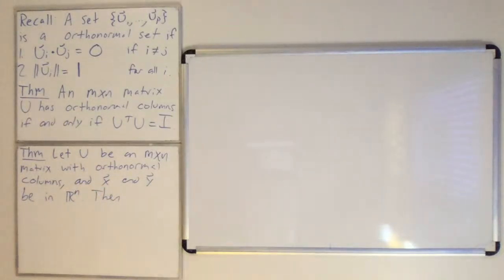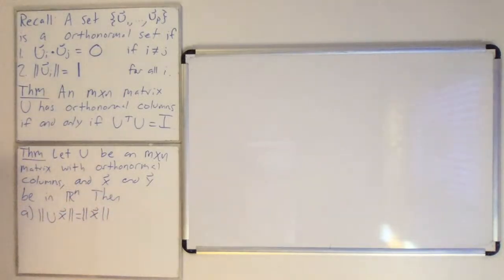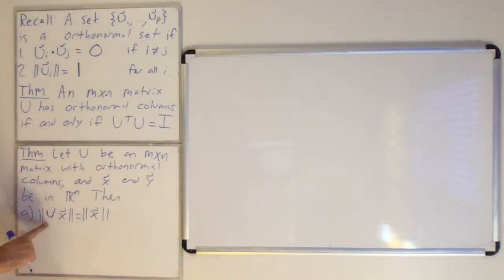Then the following hold. The magnitude of Ux is equal to the magnitude of x. So this first part says if you multiply the matrix U by x, and we have orthonormal columns, the magnitude doesn't change at all.